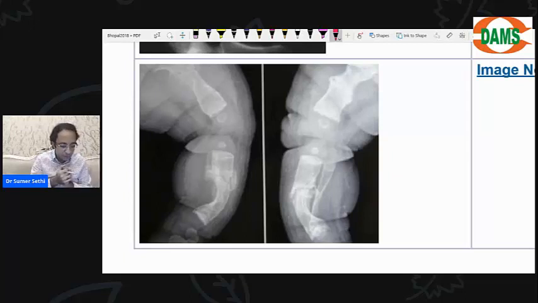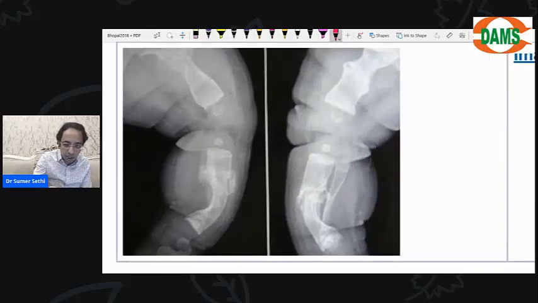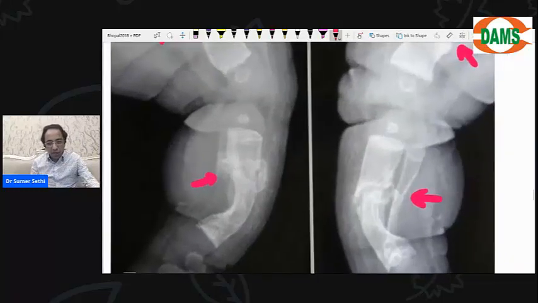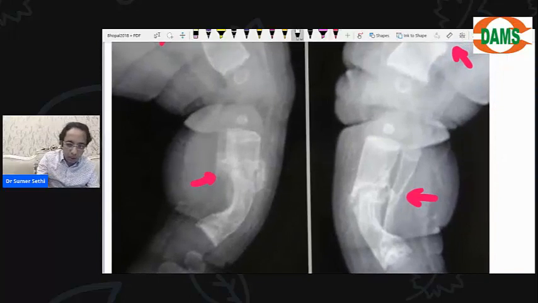But let's see, anybody. What do you see here? So now in this X-ray of a child, you can see fractures, fractures, fractures, fractures. So there are multiple fractures in the bone, but some of the fractures are showing healing. If you notice, here you can see some callus formation.